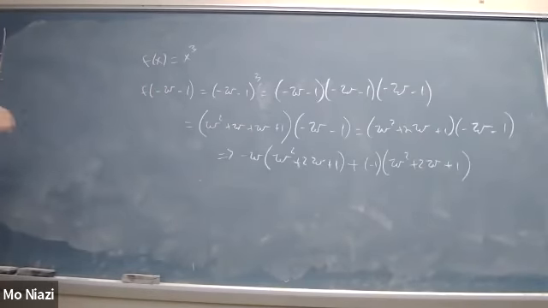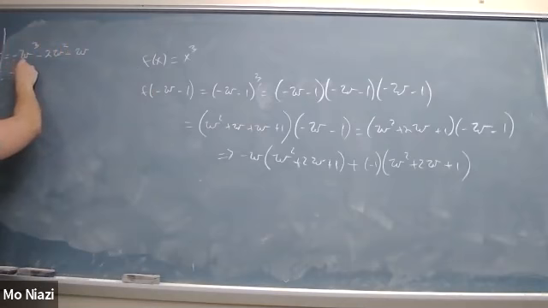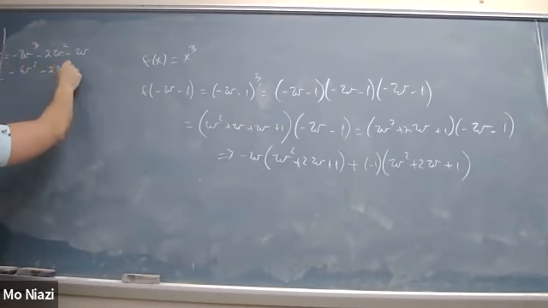Bringing that calculation over here, we get negative omega cubed minus 2 omega squared minus omega minus omega squared minus 2 omega minus 1.